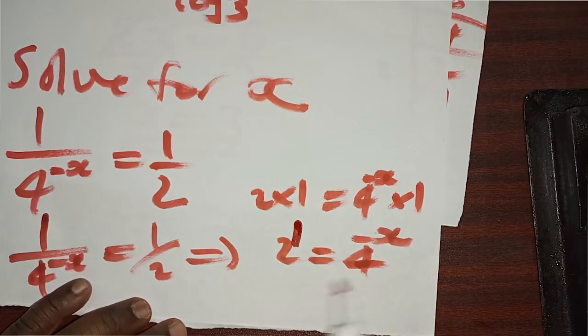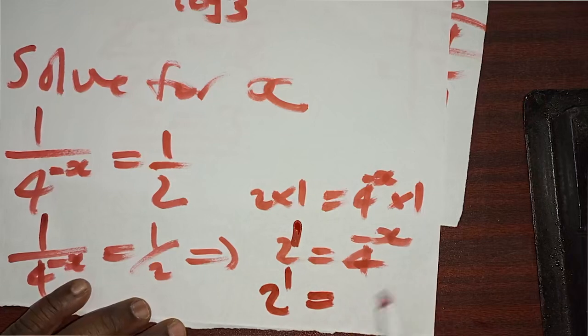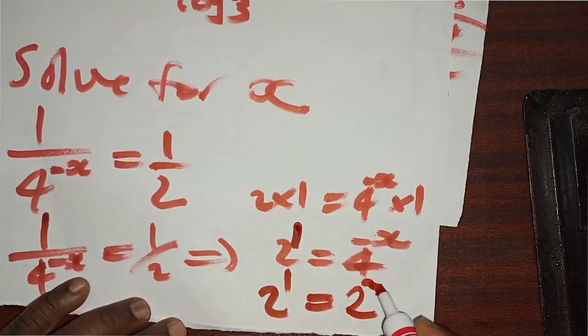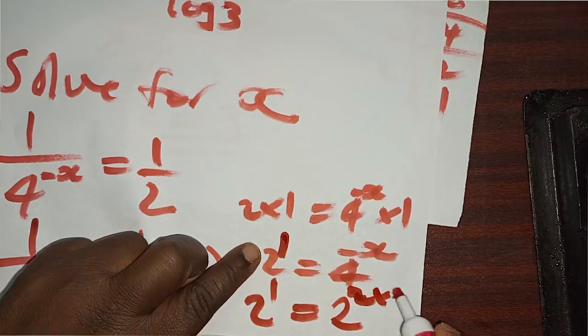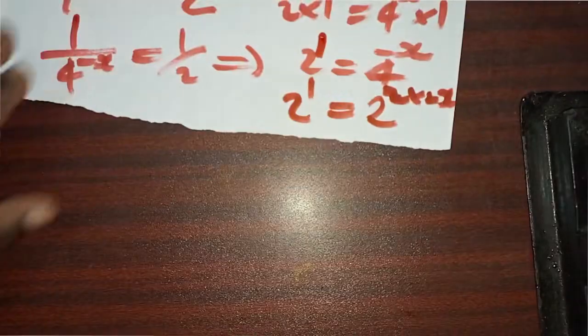Automatically there we are going to have 2 to the power negative 2x is equal to 2 to the power 1.